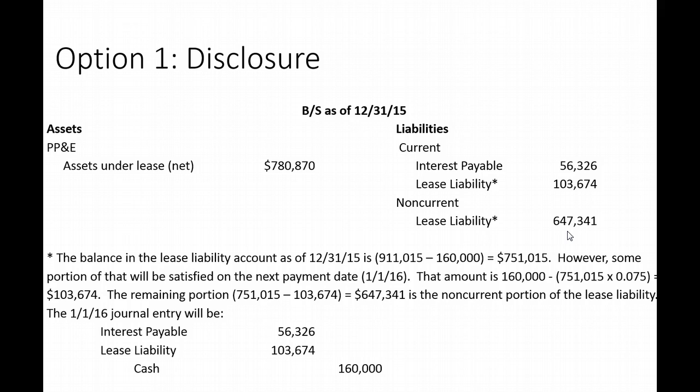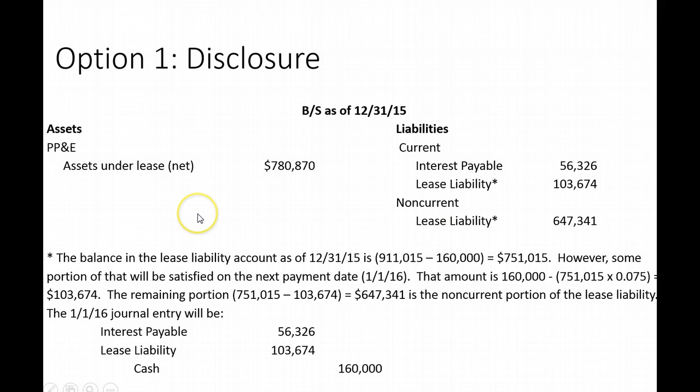Now, this gets a little bit more complex if you have more than one payment a year. In this particular problem, we've got annual payments. If we had semi-annual payments or quarterly payments, then we would have to go through 2 or 4 interest calculations in order to figure out the current portion of the lease liability.